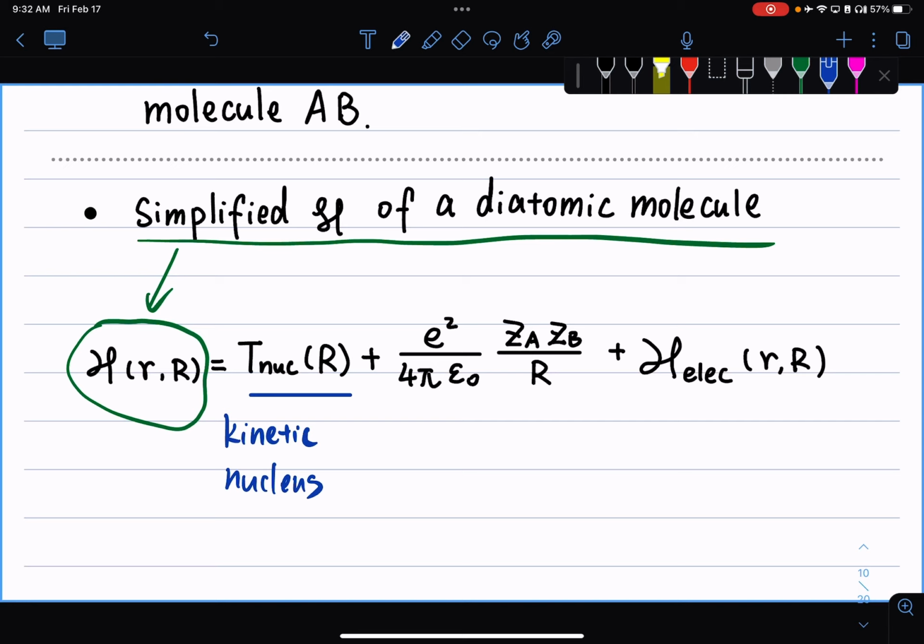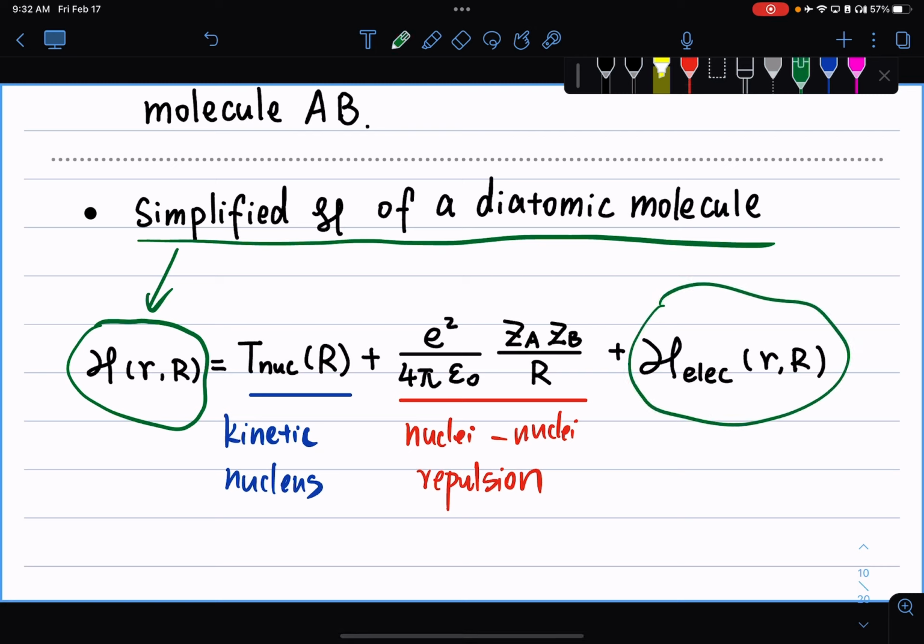And when the nuclei is moving, it views electron as a delocalized electronic cloud. And then in the middle, that's the nuclei-nuclei repulsion. And at the very end, we have our electronic Hamiltonian.